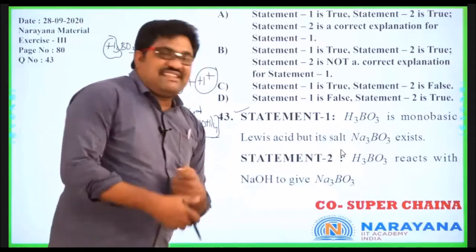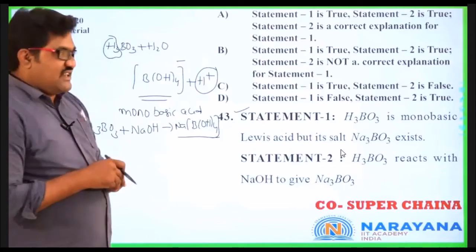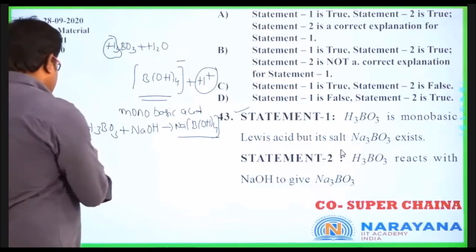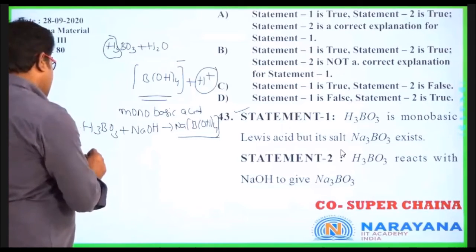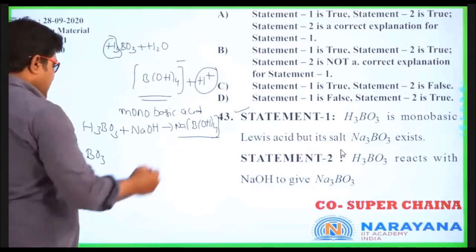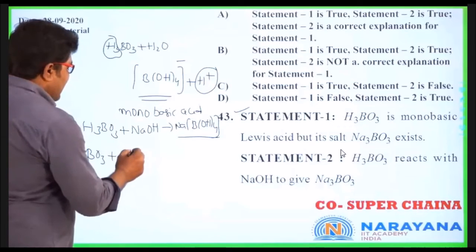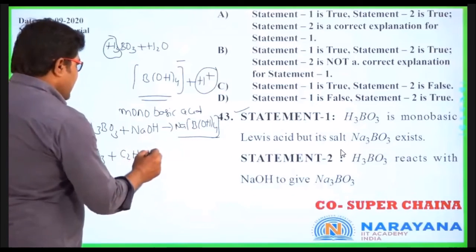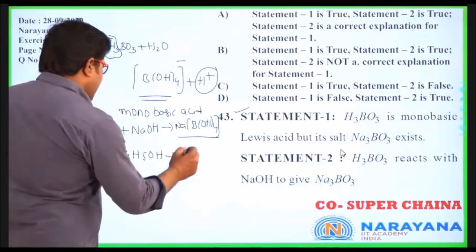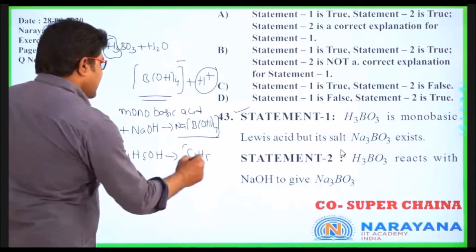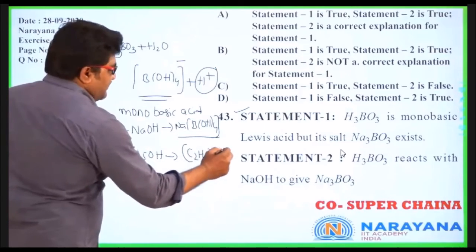But how is Na3BO3 actually formed? See here, whenever H3BO3 is treated with ethyl alcohol, C2H5OH, then it can form (C2H5)3BO3.